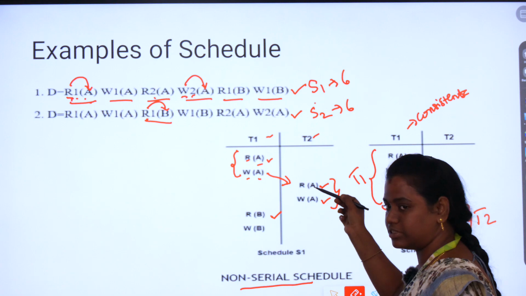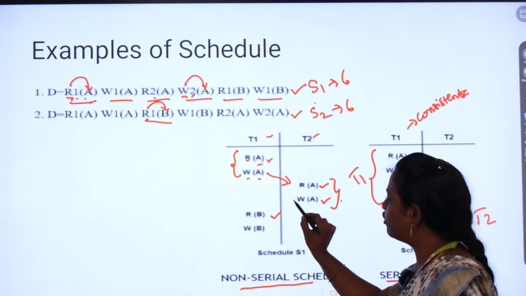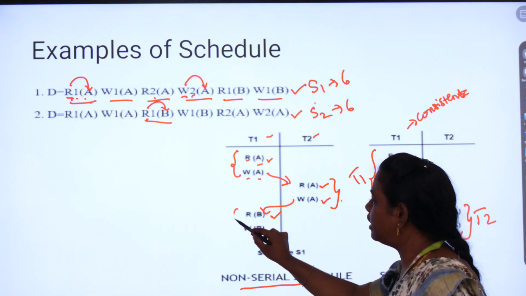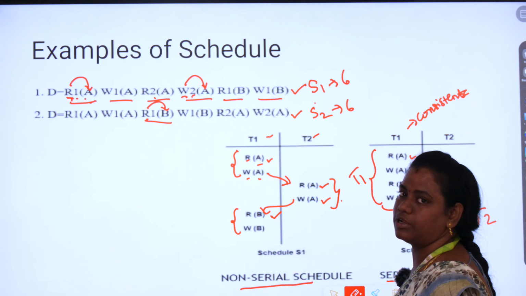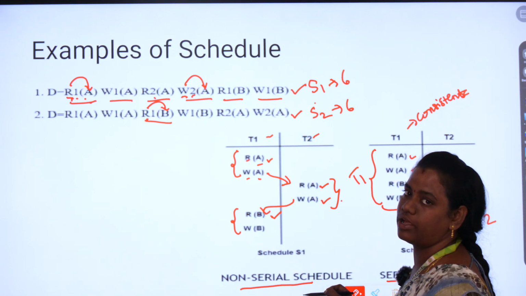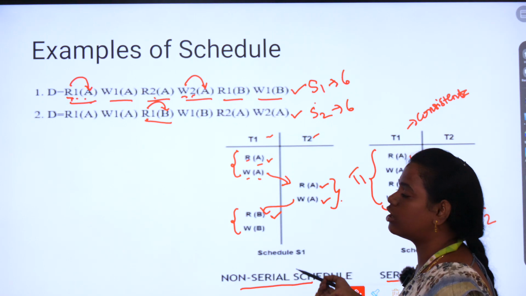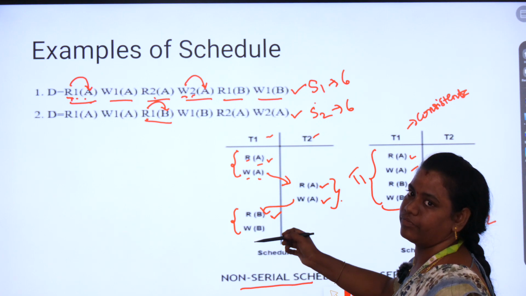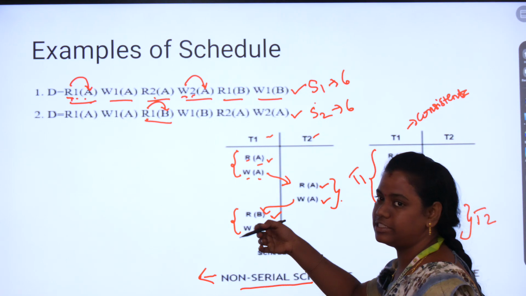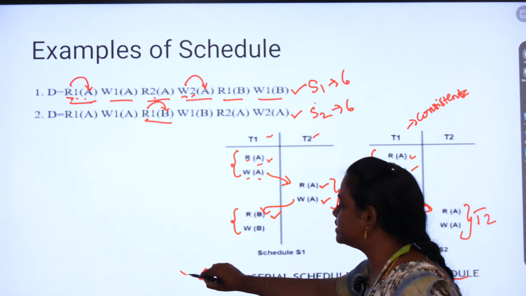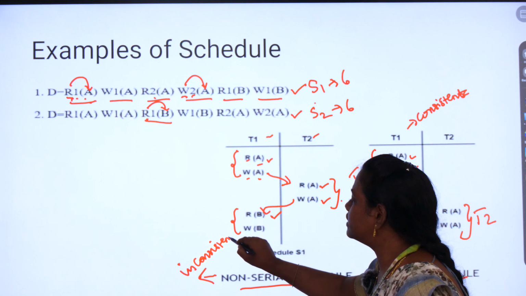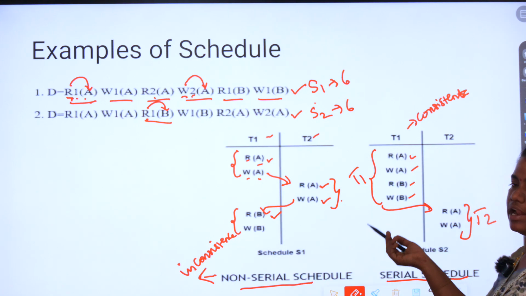After completing these 2 operations, the operating system will again move to transaction 1 and execute the remaining 2 operations in transaction 1. This is your non-serial schedule example. Here the executions are concurrent with each other, so there may be inconsistency. So we need to maintain the consistency with the help of serializability.